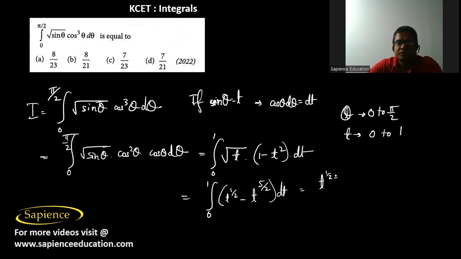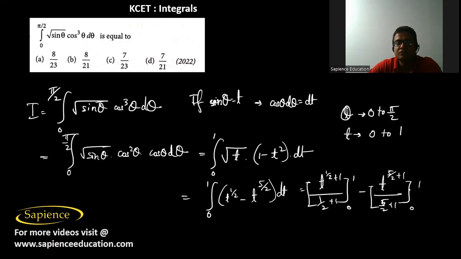So this will be t power half plus 1 by half plus 1, integrated from 0 to 1, minus t power 5 by 2 plus 1 by 5 by 2 plus 1, integrated from 0 to 1. So this will be equal to 1 by 3 by 2 minus 1 by 7 by 2, which is 2 by 3 minus 2 by 7.